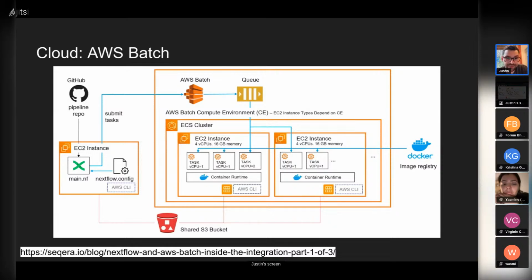AWS manages that for us and only allocates what we need. And you can also configure, hey, this job will need to run on a machine with this much memory and this many virtual CPUs, and things like that.